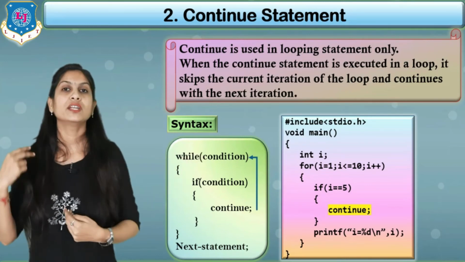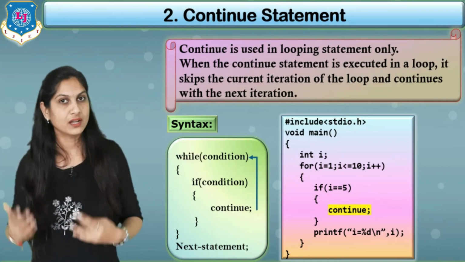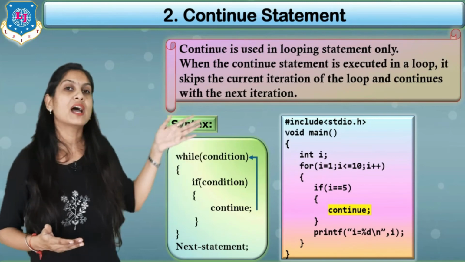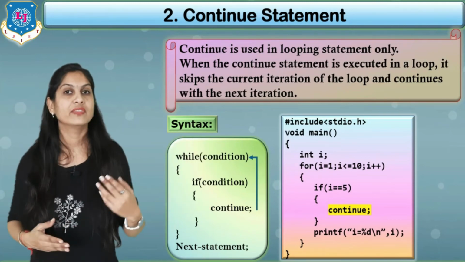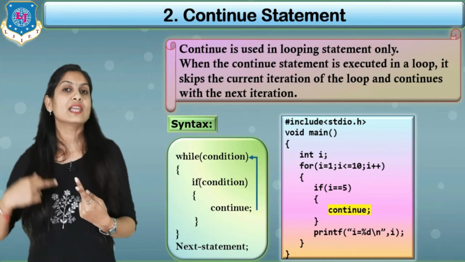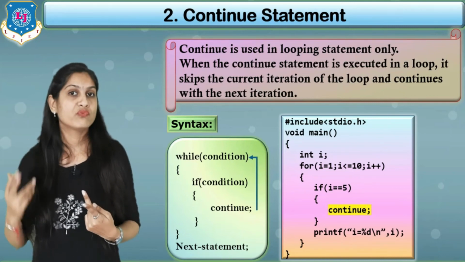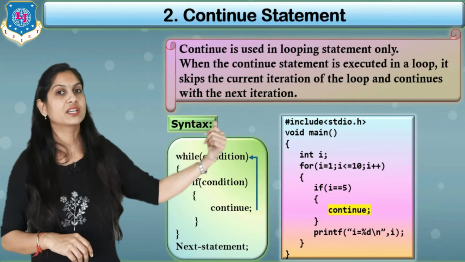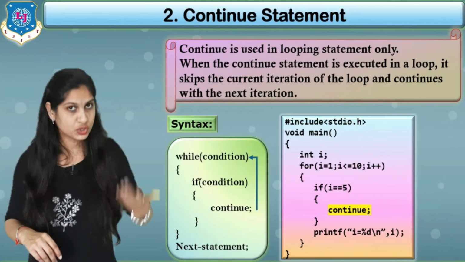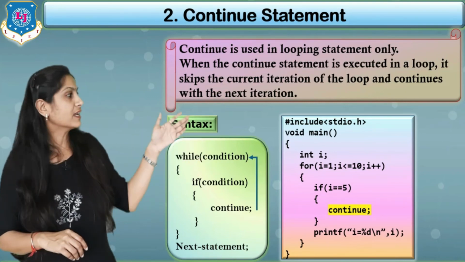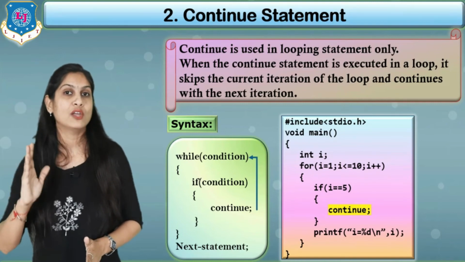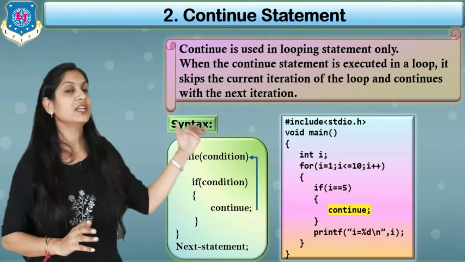Again check the condition, 2 equals 5, it is again false, so skip that part and move to the printf, that is i equals 2. Likewise i is incremented, but when i becomes 5, our condition 5 less than 10 is true. So go inside and check the condition, 5 equals 5 becomes true, and the continue statement will be executed.